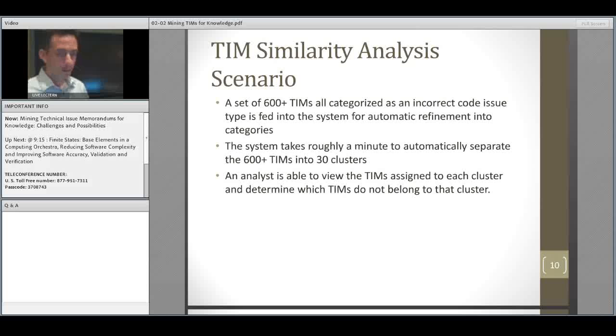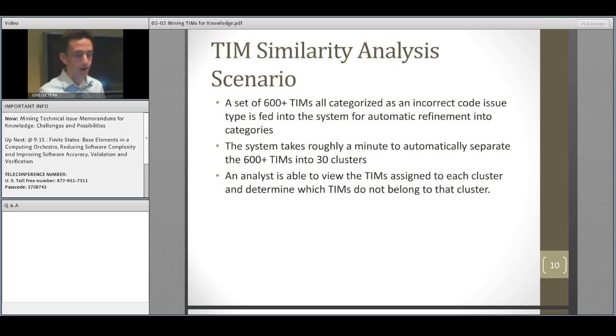In this case, these are all issues related to incorrect code, and further refining them into new categories. The numbers aren't significant, but just to help illustrate a possible vision of the solution.